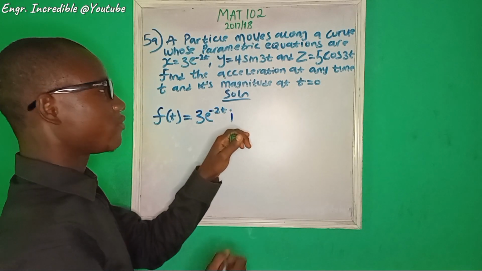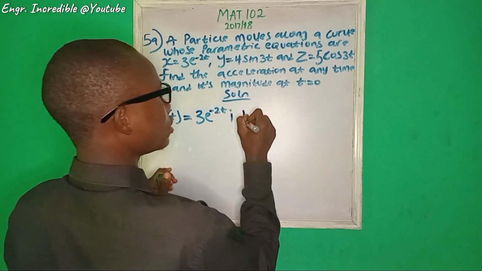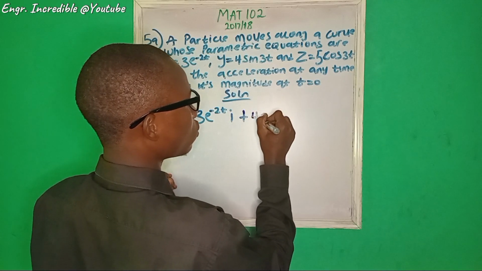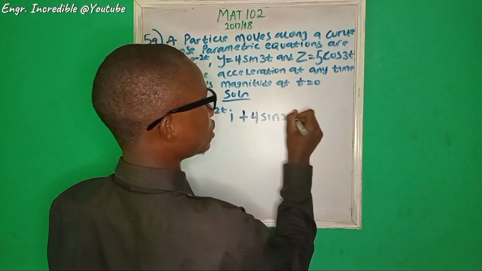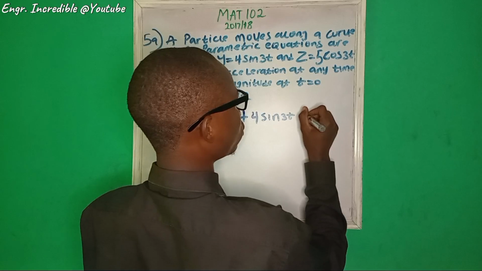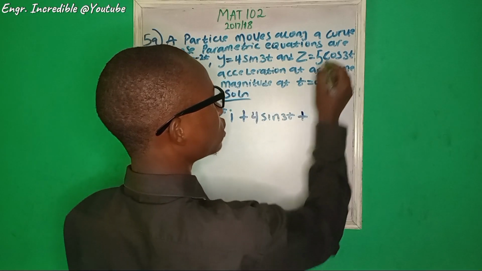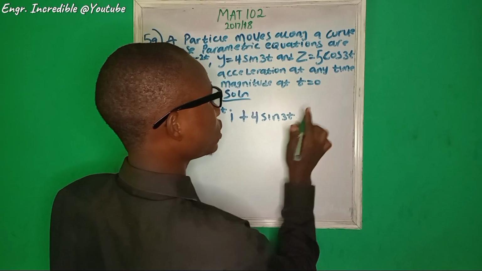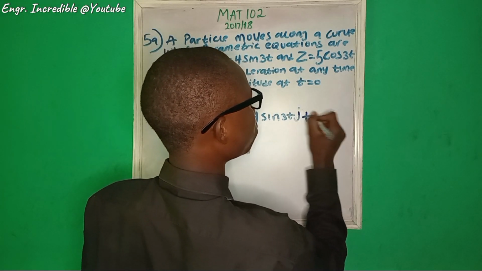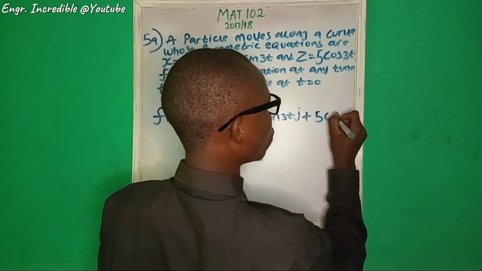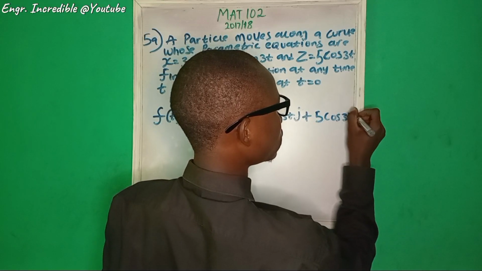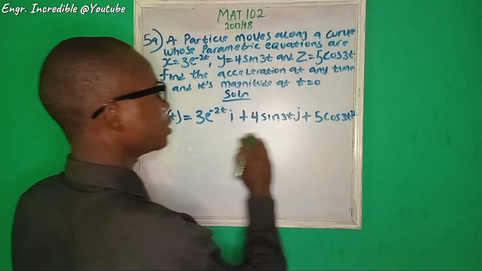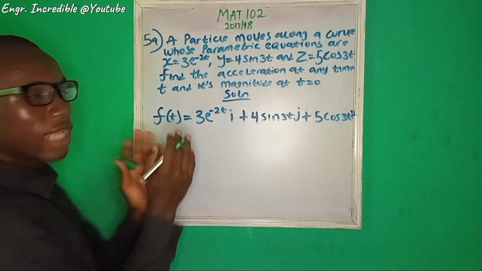That is, the x will be the i function, then the y will be the j function, that is 4 sin 3t j, then plus the z will be the k function, 5 cos 3t k. So now this is the equation here. So this is the distance.